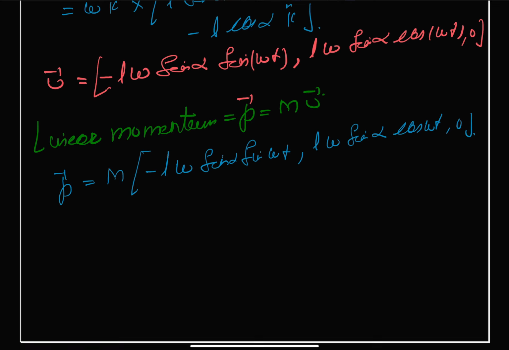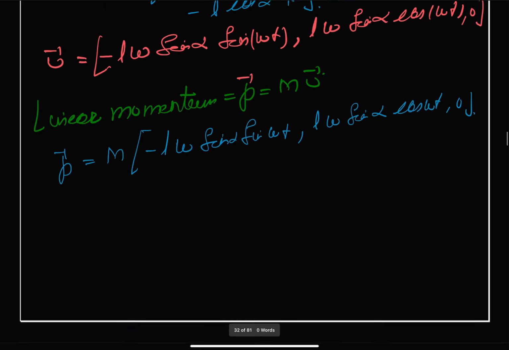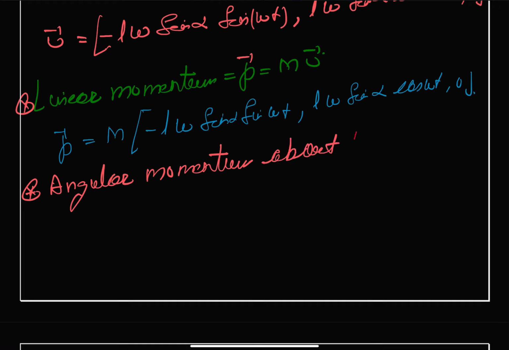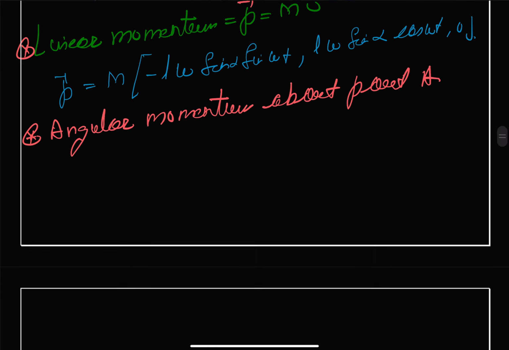And now we come to the angular momentum about point A. For that we need the position vector, that is R_MA, and A is our origin, so R_MA will be nothing but our R_m, because A is at origin.